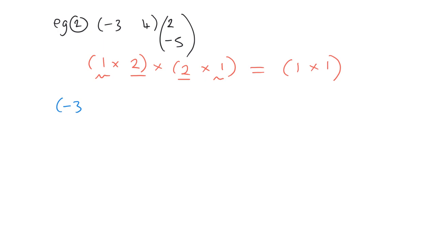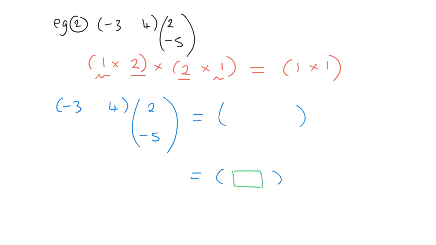So minus 3, 4 upon 2 minus 5. It's just going to give us one column, so one answer.